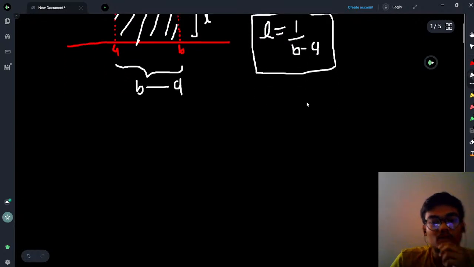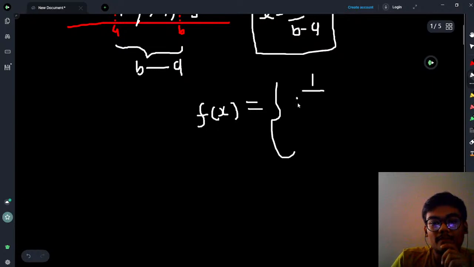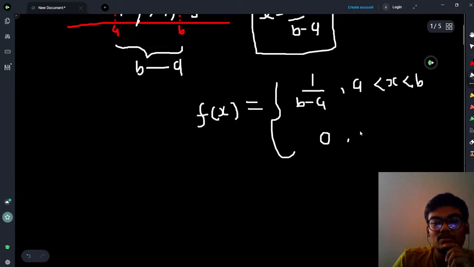So from that we can write our PDF function: f of x is 1 upon b minus a from a to b, and 0 elsewhere.